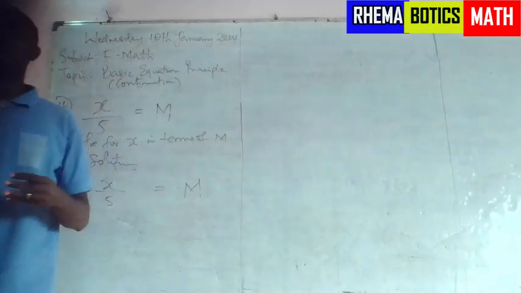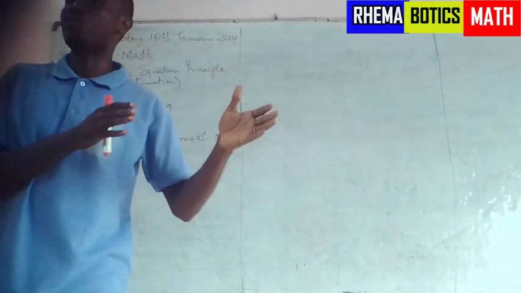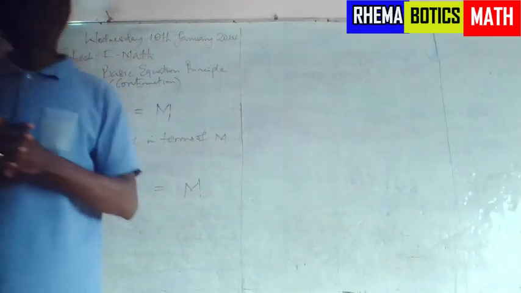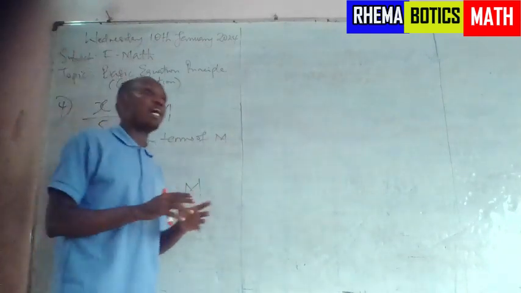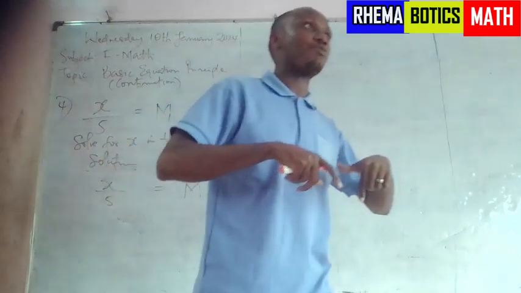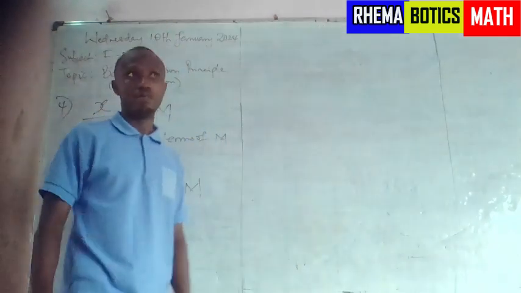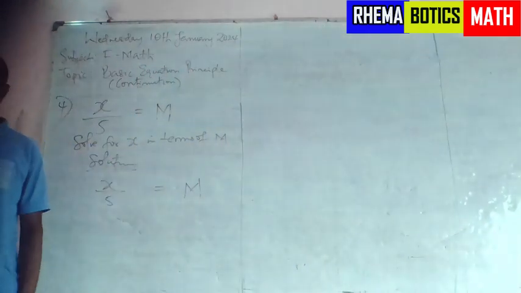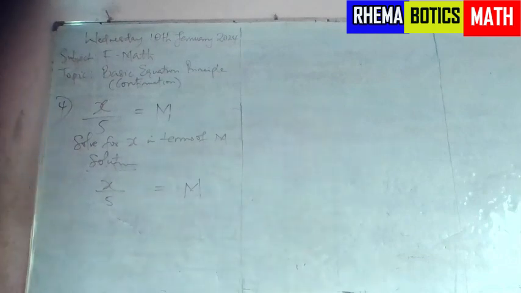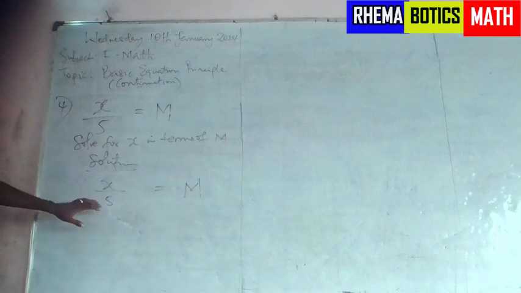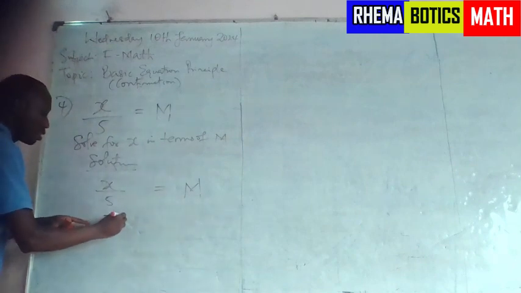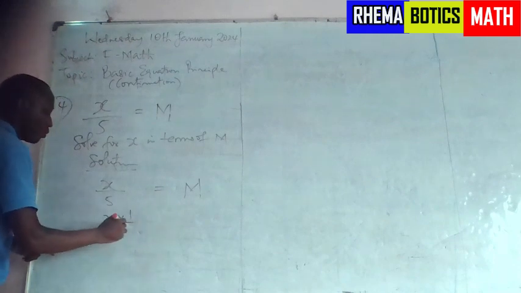Then the additive inverse of minus 5 is plus 5. Then the multiplicative inverse of times 5 is 1 over 5, right? Now we have divided by 5, and divided by 5 is actually x times 1 over 5.